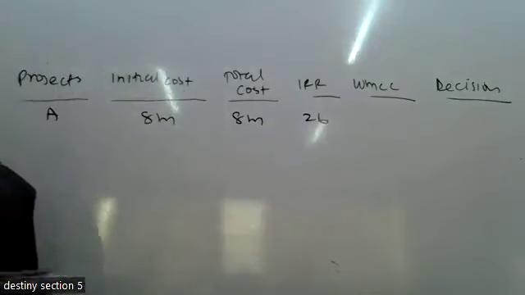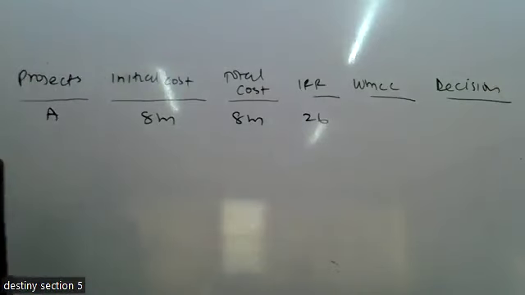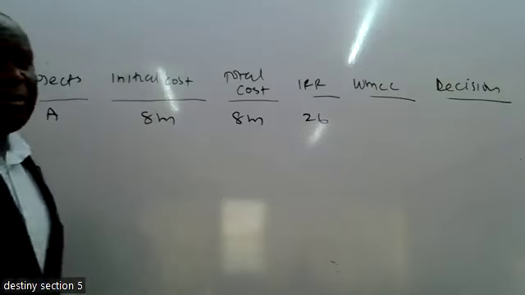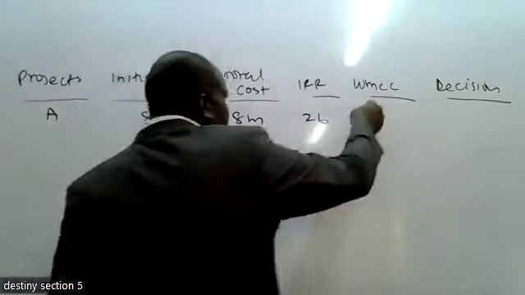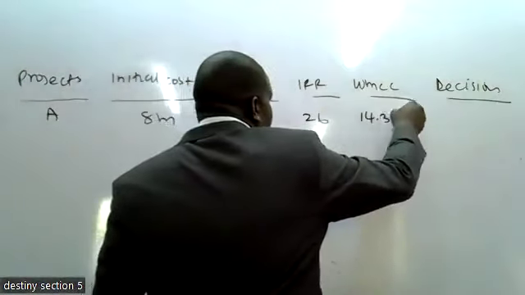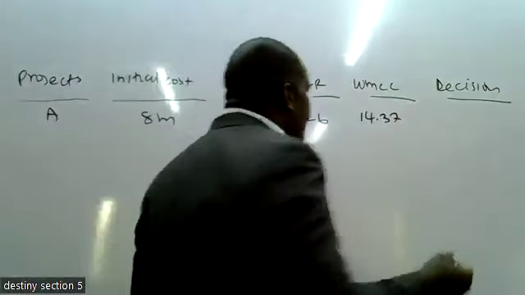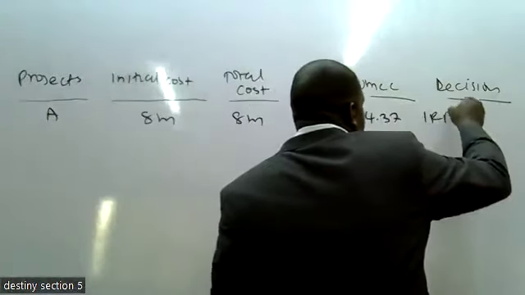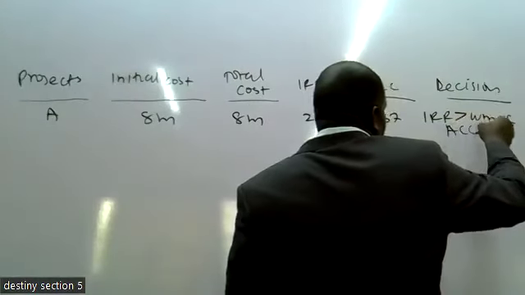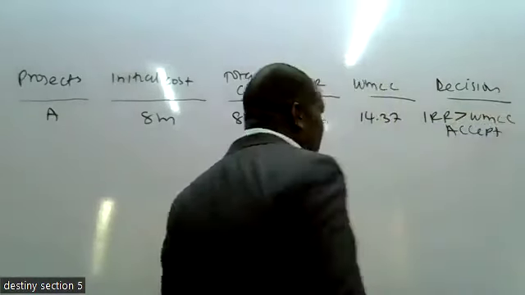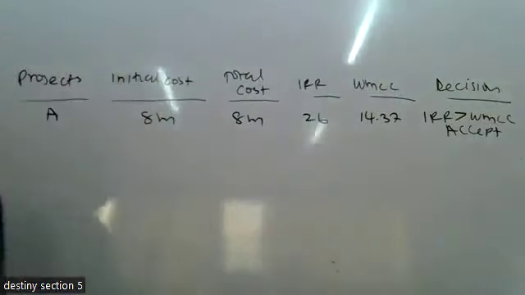So you go back to part B. The first range was from 0 to 16, isn't it? So 8 million is between 0 to 16. What was the WMCC? 14.37. So this one, IRR is greater than WMCC, so you accept.